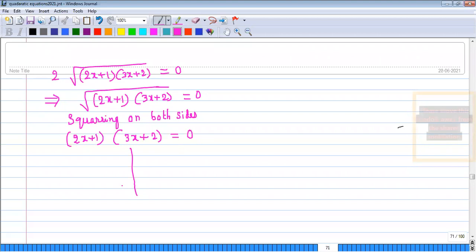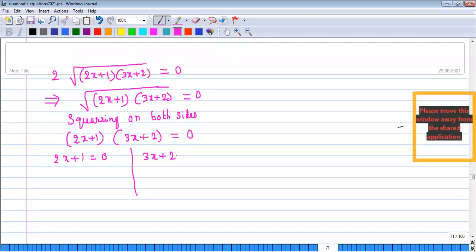So that means two cases will arise here: 2x plus 1 equals 0 and 3x plus 2 equals 0. So 2x is equal to negative 1, x is equal to negative 1 upon 2. So 3x is equal to negative 2, x is equal to negative 2 upon 3. But these two solutions need to be verified.